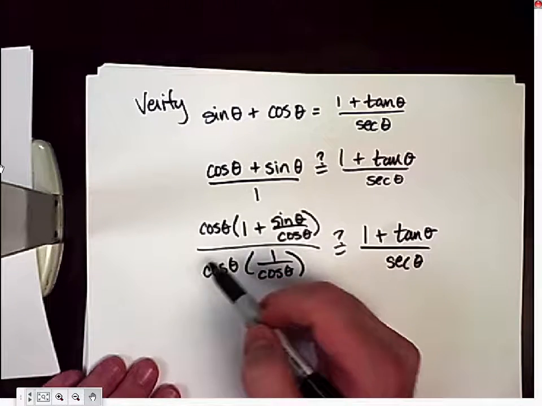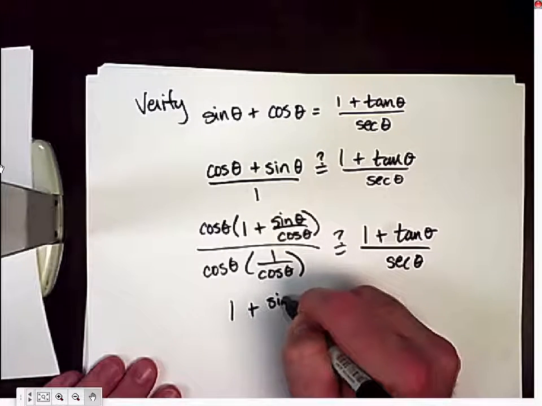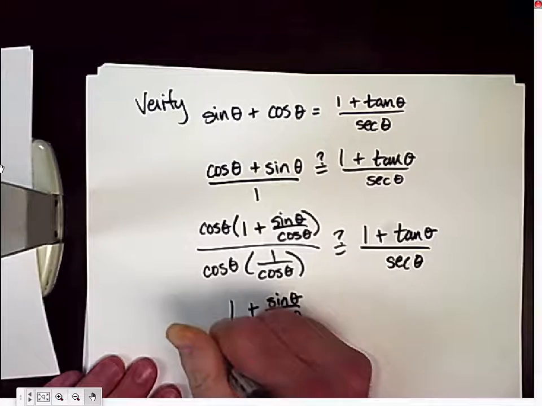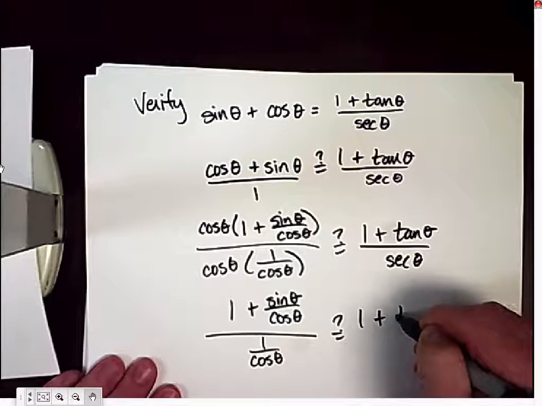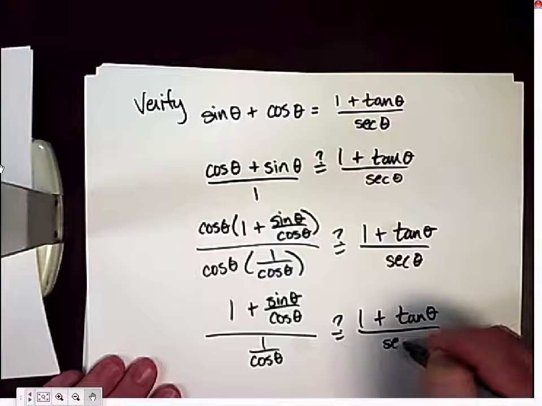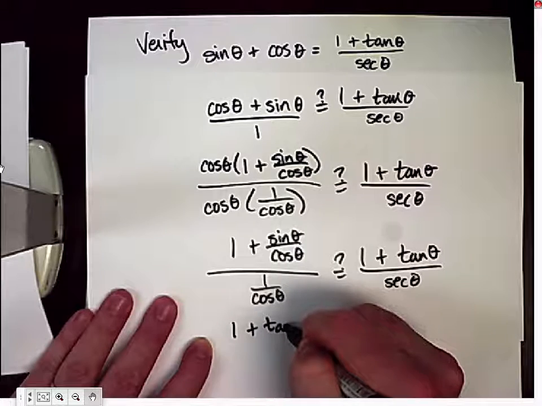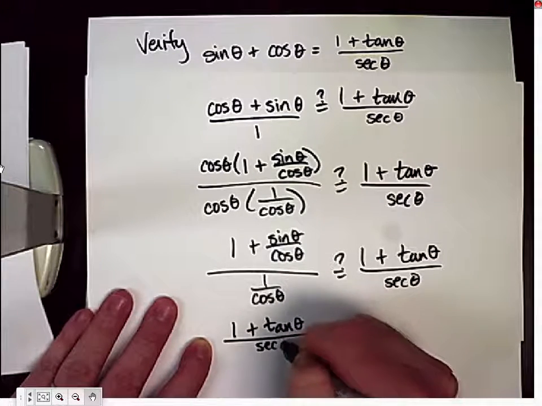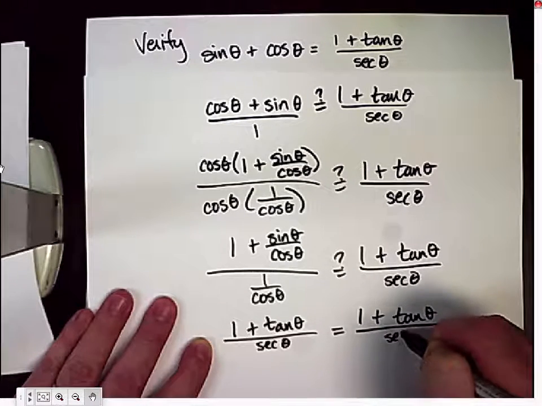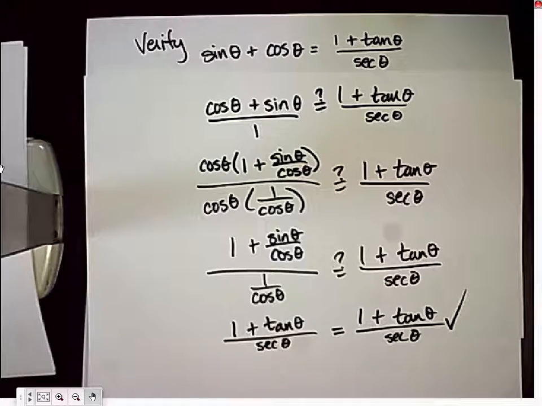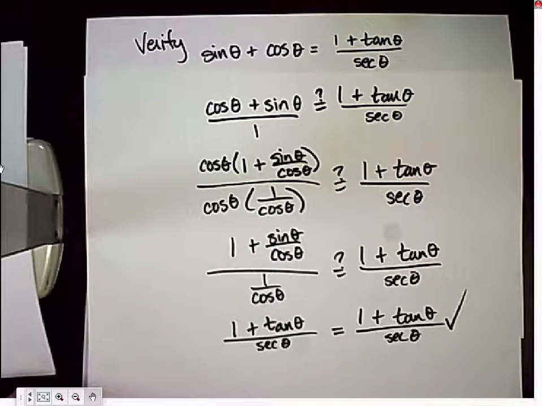Well, the cosines cancel, and you're left with 1 plus sine theta over cosine theta over 1 over cosine theta. And then you're done, because that is 1 plus tangent theta over secant theta. These are just the steps of your secret board written backwards.